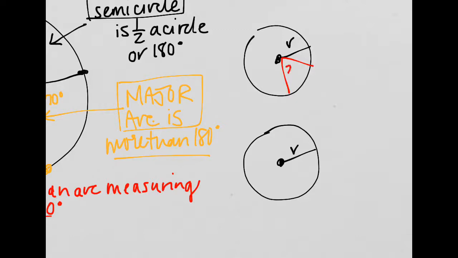So if this is 20 and this one is 20, well then their arc measure is going to be the same. And vice versa, if their arc length is the same, I said the wrong thing, which is going to throw you off, I'm so sorry. Their arc length, if that's the same, how far it takes to travel, then their arc measure is the same. And if their arc measure is the same, then we could determine that the arc length is the same. And that's only if they are either on the same circle or if their radius is the same.